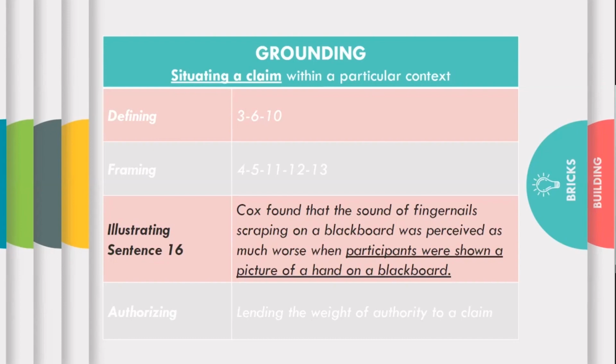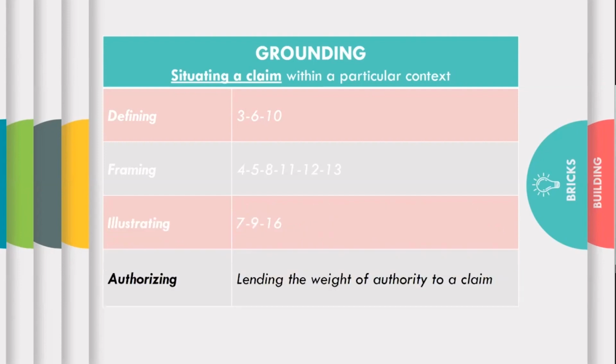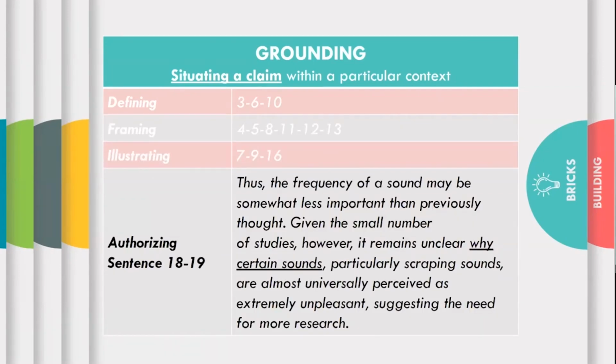Authorizing is our claim, and that's sentences 18 and 19. We already talked about it. The final step 6, where we mention our gap, what my paper will be dealing with. So you now have the authority to establish that my paper will fill up this gap that the previous 3, 4, 5, 10, 12, 15, 20 researchers couldn't. Gotcha?